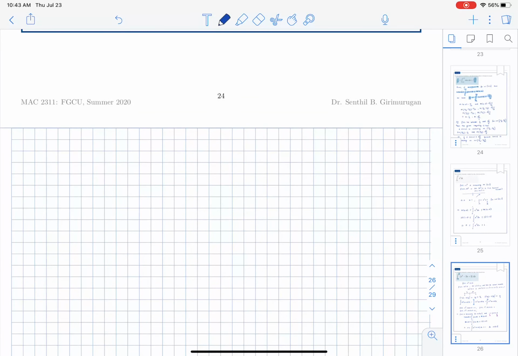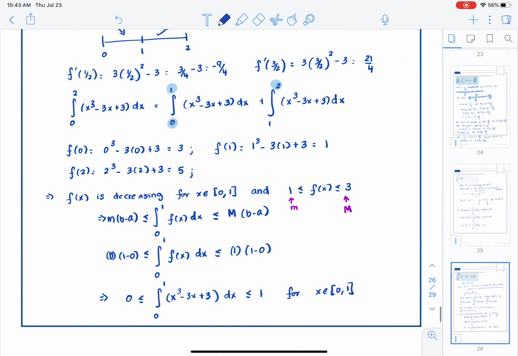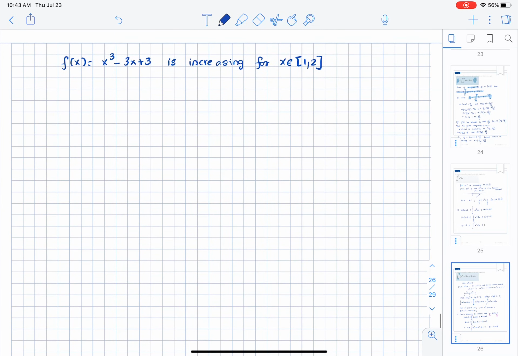So f of x equals x cubed minus 3x plus 3 is increasing for x in 1 to 2, and it increases between the values 1 here and 5. So that would be lowercase m, that is uppercase M.